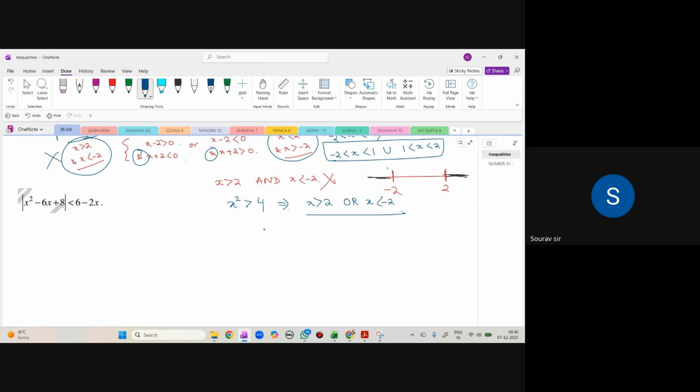Put x equal to 5, 5 square is greater than 4. Put x equal to -5, -5 square is greater than 4. x square less than 4 means -2 less than x less than 2. You have to keep these two conditions in mind when you are solving inequalities.